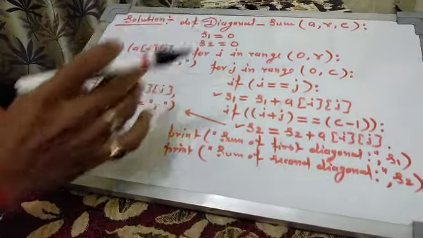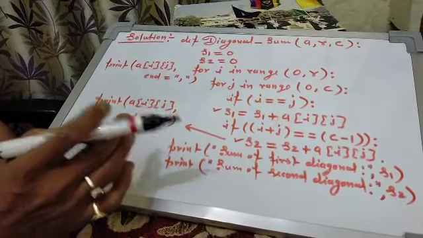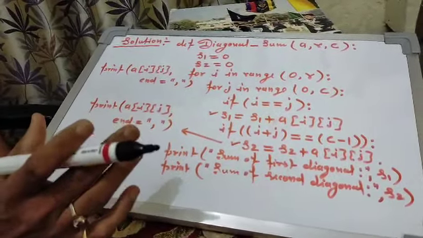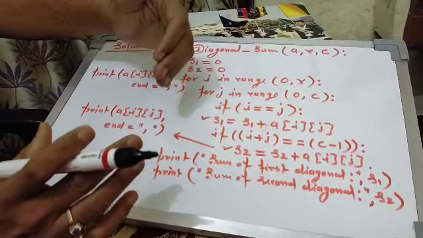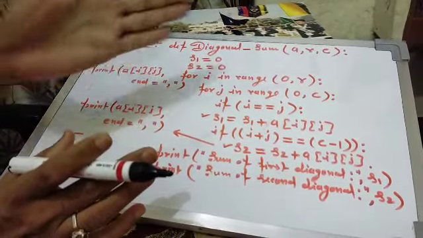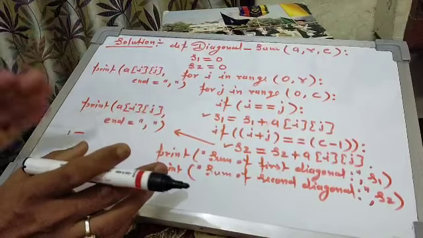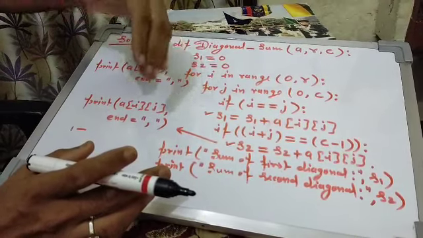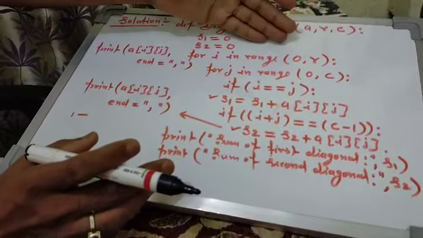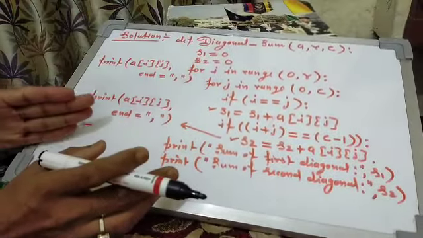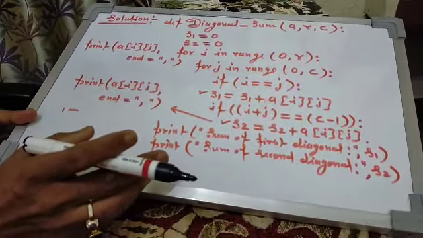After that, append the elements in that specific matrix, and then you can print a message that here the function starts, and call the function at that particular location.